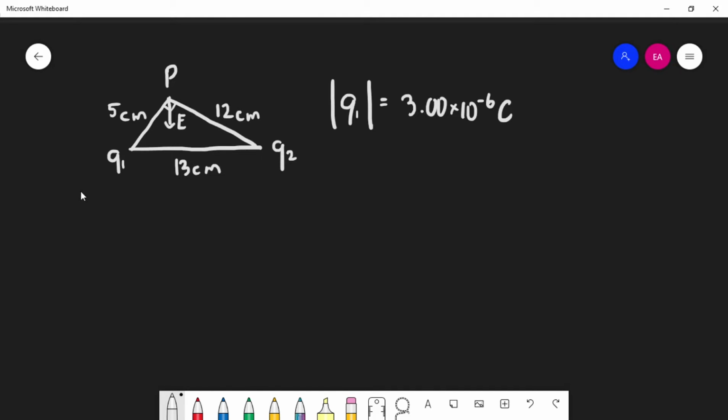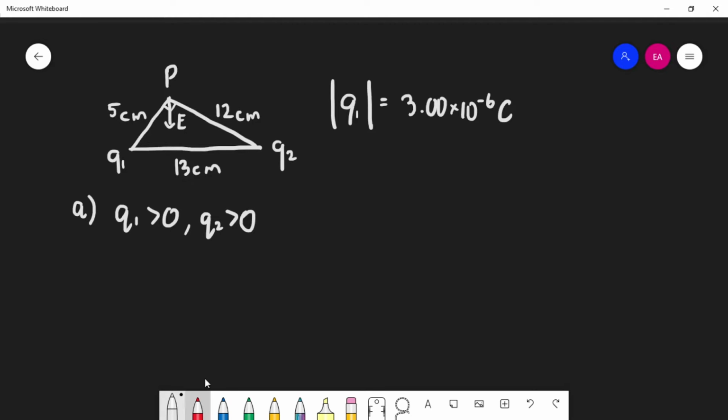Okay, so there are three sub-questions to this problem. First sub-question is to draw every possible sign of Q1 and Q2 and their respective field lines. So let's say Q1 is positive first and Q2 is also positive. How do we draw the field lines there?